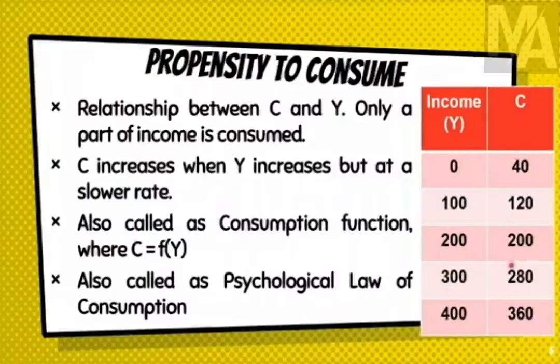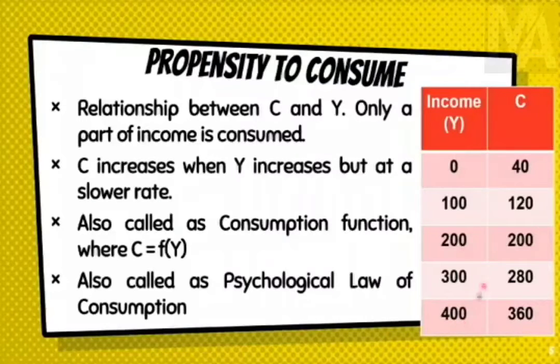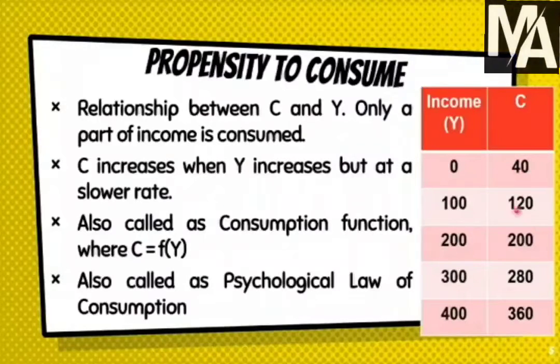Both these values are increasing. From 0 to 400 income is increasing, and from 40 to 360 consumption is increasing. But consumption increases at a slower rate than income, which means if you see here, income is increasing by 100 units every step, whereas consumption is increasing only at a slower rate, 80 units per step.